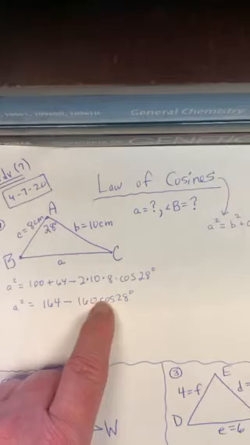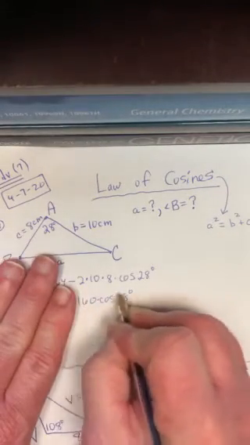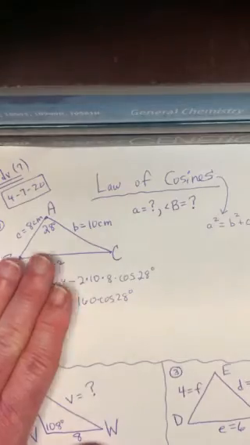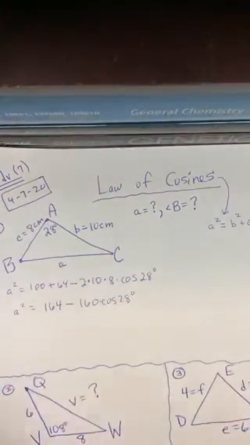That 160 is dot connected to the cosine of 28. They're a family. So when you grab your calculator and type in exactly what you see in that order, I'm literally going to hit 164 minus 160 cosine 28. Type the whole thing in, hit enter.